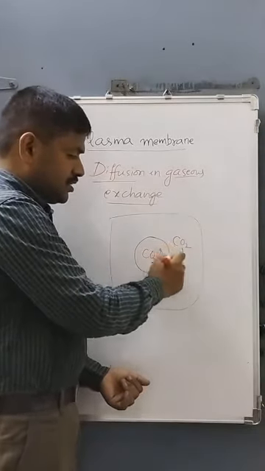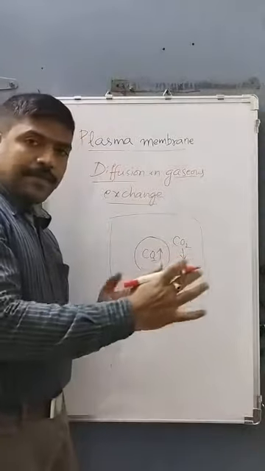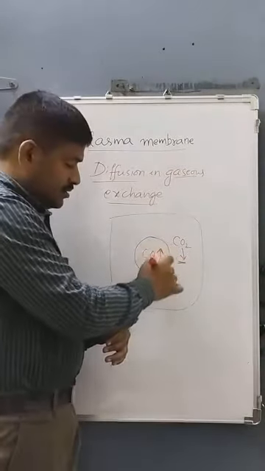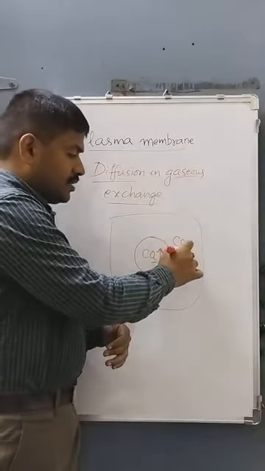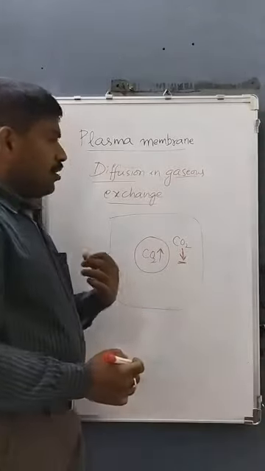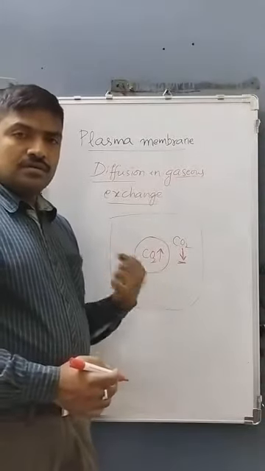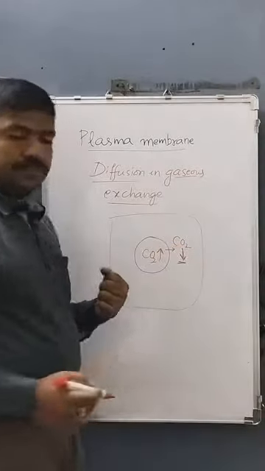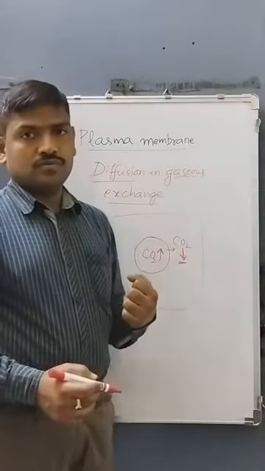But as it is increasing, in a comparative manner, you can say that the concentration of CO2 is high inside the cell and low in the external environment of the cell. So, from where to where will this CO2 move? From inside the cell to outside the cell.